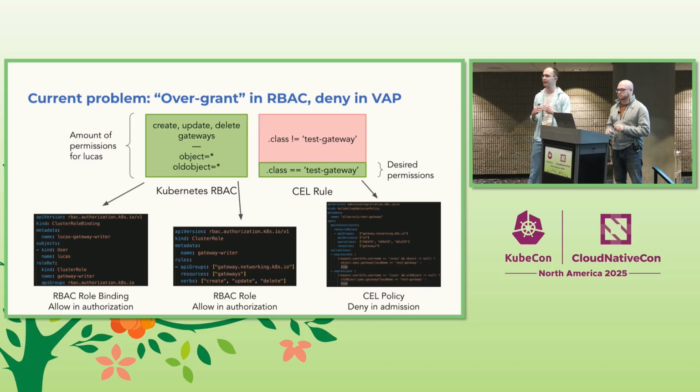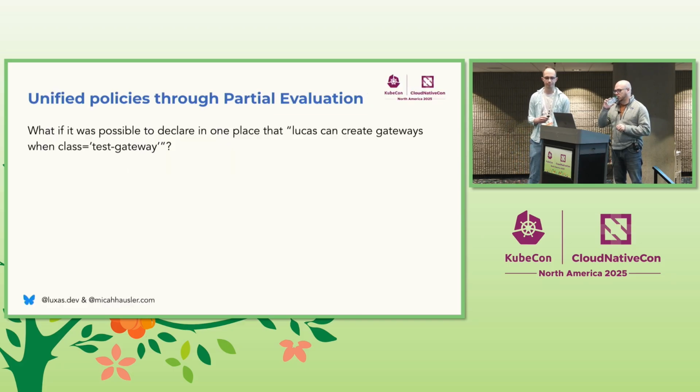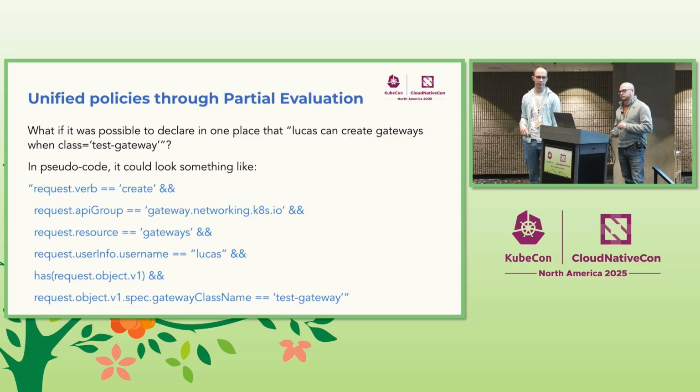So we could just say, I'm an authorizer. Micah should never be able to create a secret or list a secret when the type is not basic auth or something like that. This works through a technique called partial evaluation. So say Micah or Lucas should be able to create HTTP routes only when there's a certain gateway class.